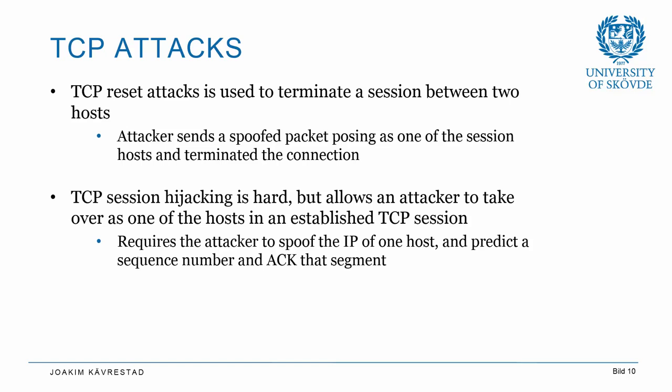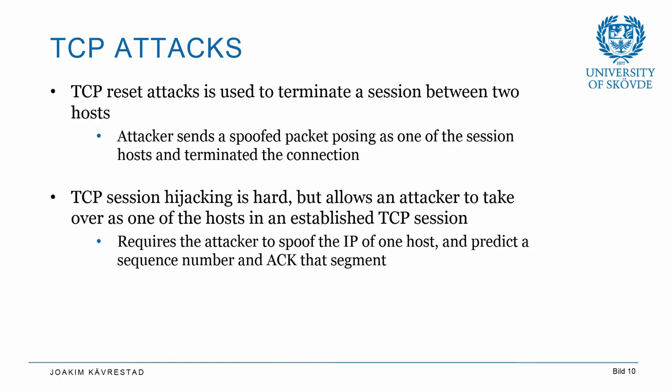Something that's a little bit more malicious is the TCP session hijacking attack. This is a tricky attack to carry out, but it allows us to take over as one of the hosts in an established TCP session. When two hosts establish a TCP session, they will send data between one another, and they will trust each other.